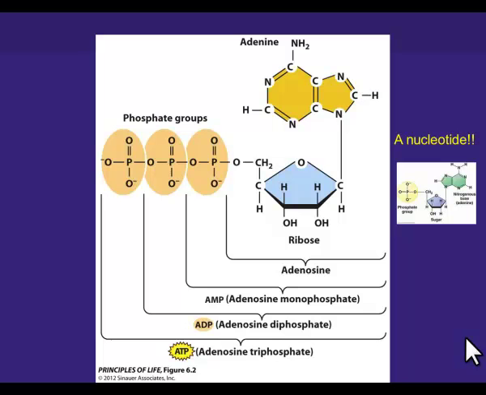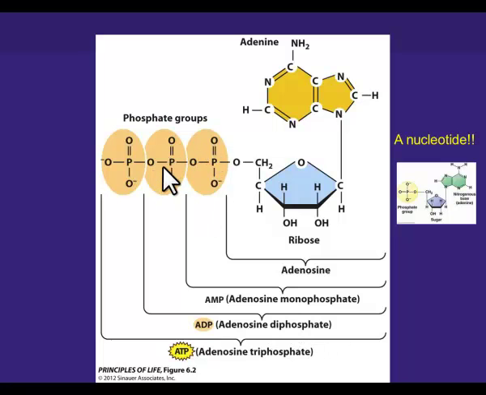Not only does ATP release energy when it's hydrolyzed, but it readily exists in the cell in three different forms. ATP refers to the triphosphate form. When one phosphate group is lost, the molecule is referred to as ADP, that stands for adenosine diphosphate.